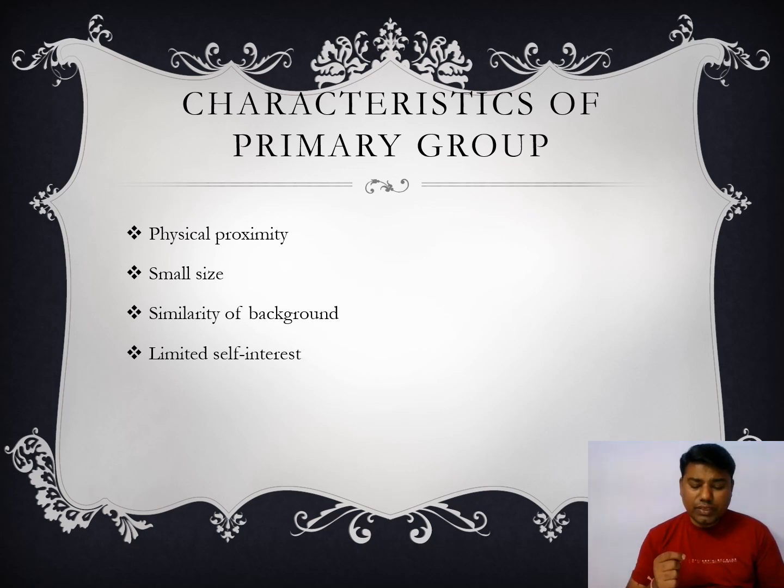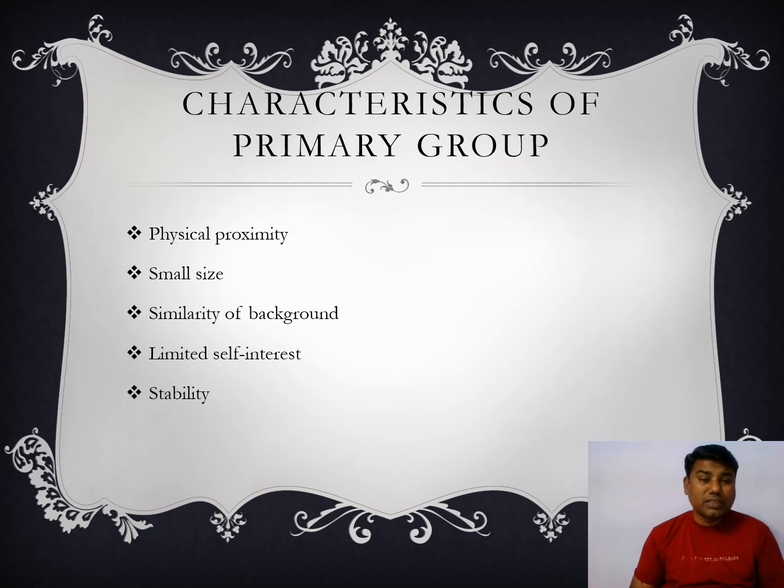The common interest must predominate in their minds. So the members of the primary group are not self-interested; rather, there is a limitation in their self-interest. The group interest plays the pivotal role in primary group.